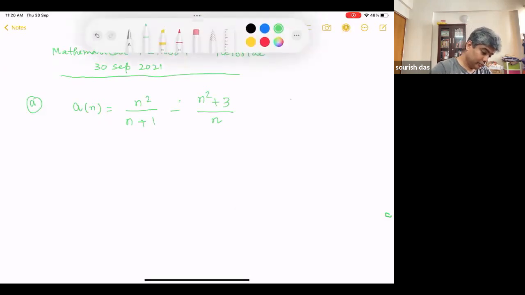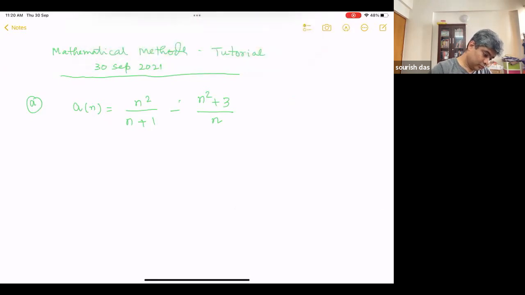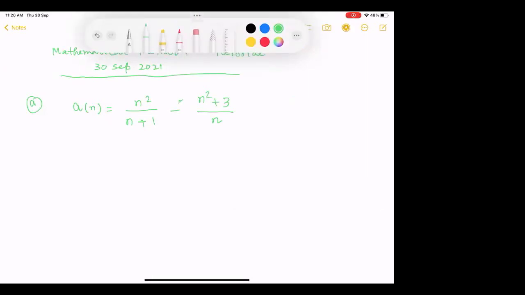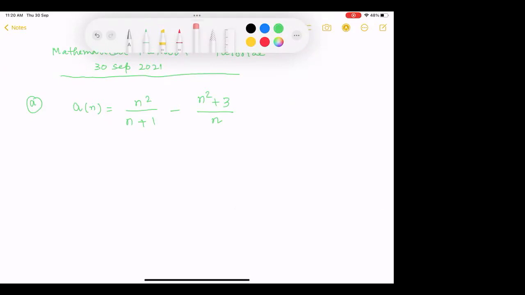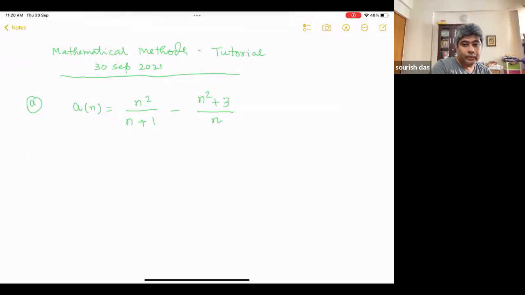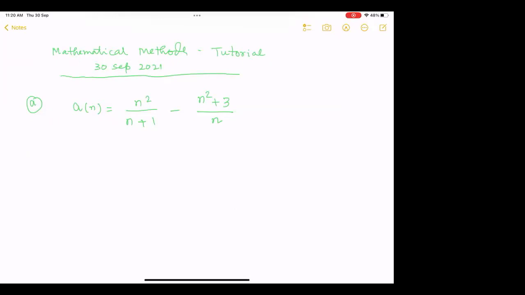Any idea? We have to find the limit of the sequence. Correct. Can we find the limit of the sequence? It's divergent. You think it is divergent? Yes. Can you please prove it? We'll find out the limit using calculus and we'll see it goes to infinity.